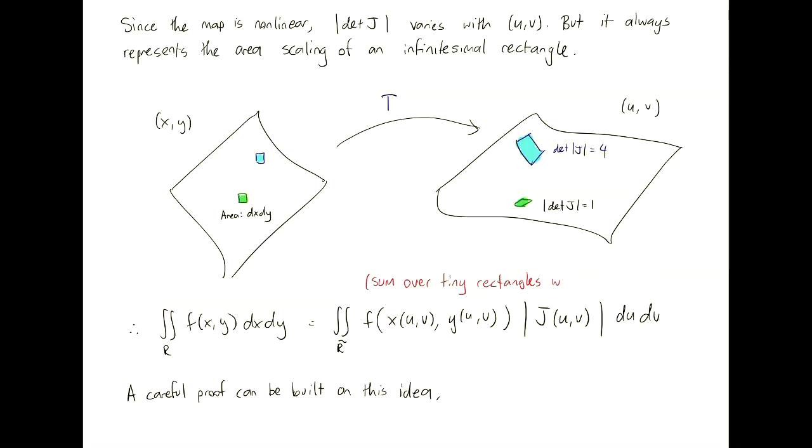We'll just say tiny rectangles. We won't get in the weeds here. A careful proof can be built on this idea. There's nothing that the proof has that I didn't show you other than a bunch of bounding things. QED-ish. That is a very generous use of the box.